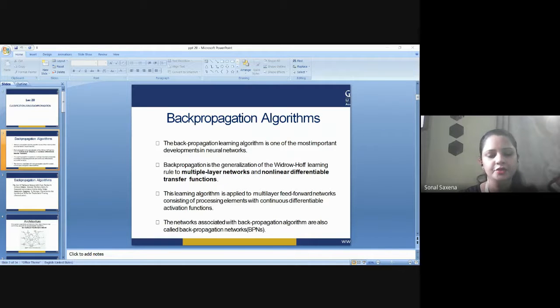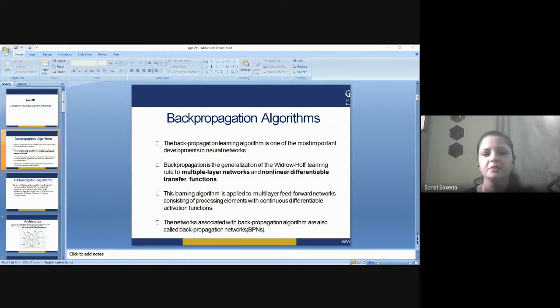Before going into the things, we'll first check out what the backpropagation algorithm is. However, we have already seen this algorithm in neural networks. While we were studying artificial neural networks, we saw what exactly the work of backpropagation is and how it works.